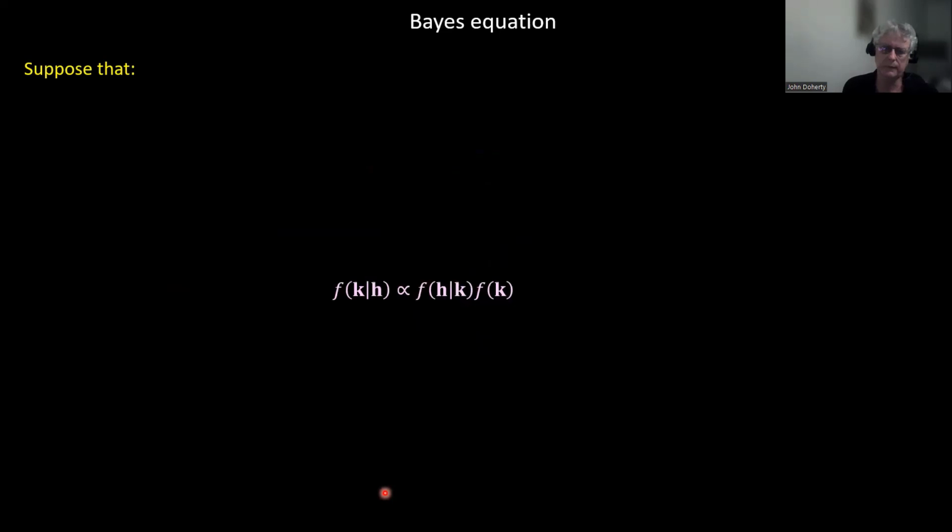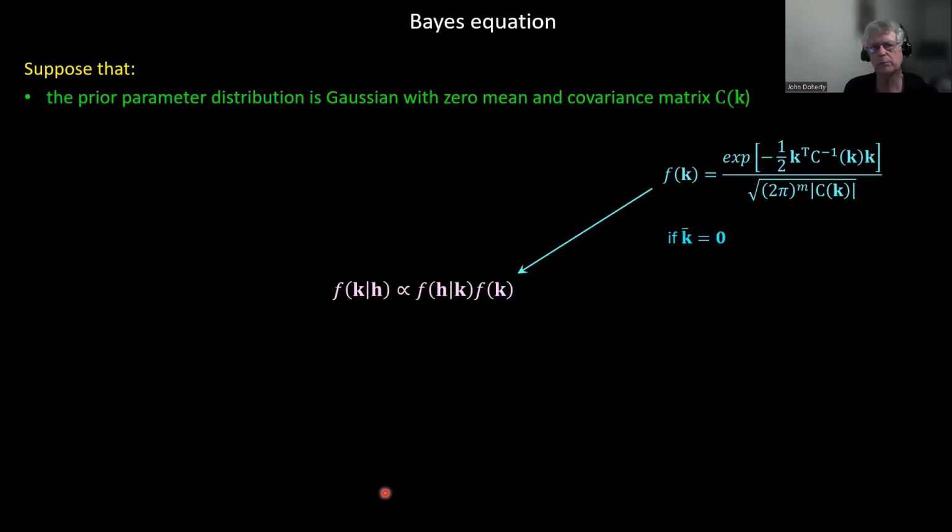Conceptually, it's easy. However, to apply Bayes' equation in the real world is actually a little bit hard, except if certain conditions are met. And one of those conditions is if all probability distributions are multi-Gaussian and if the model is linear. So let's just look at that. Suppose the prior probability distribution of my parameters, f(k), is multi-Gaussian.